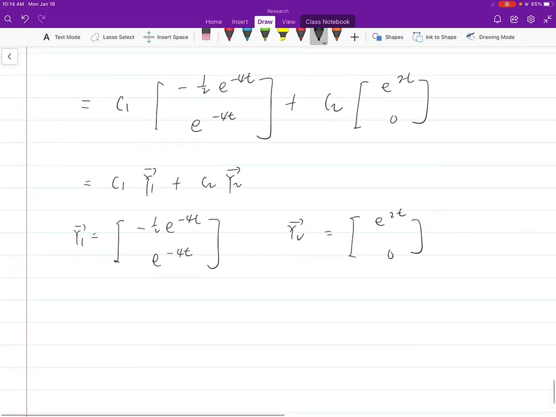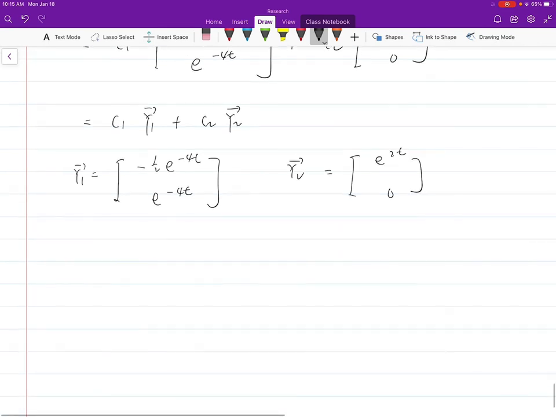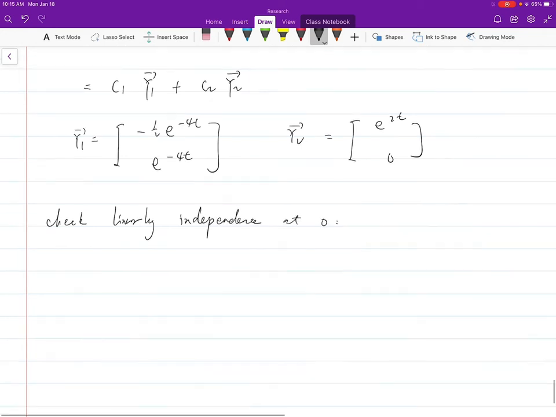Of course, for this to be well defined, we need to make sure one is not a linear multiple of the other. Otherwise, they are linearly dependent. To check that, we just need to check independence at 0.